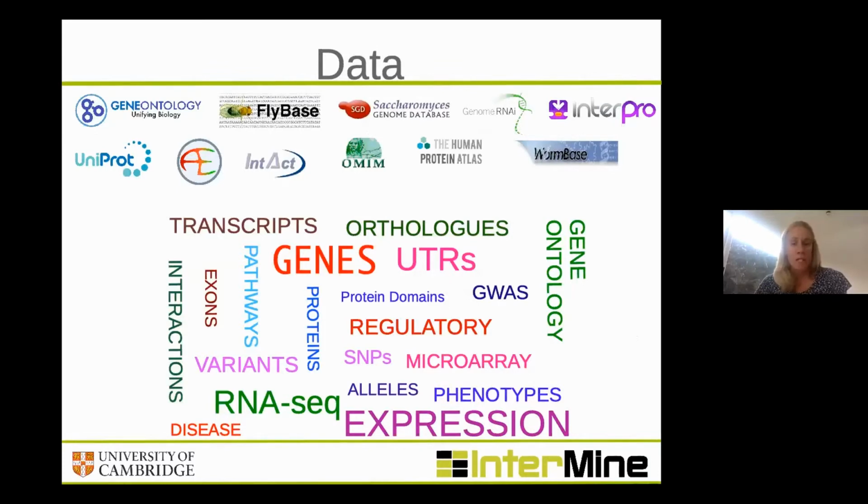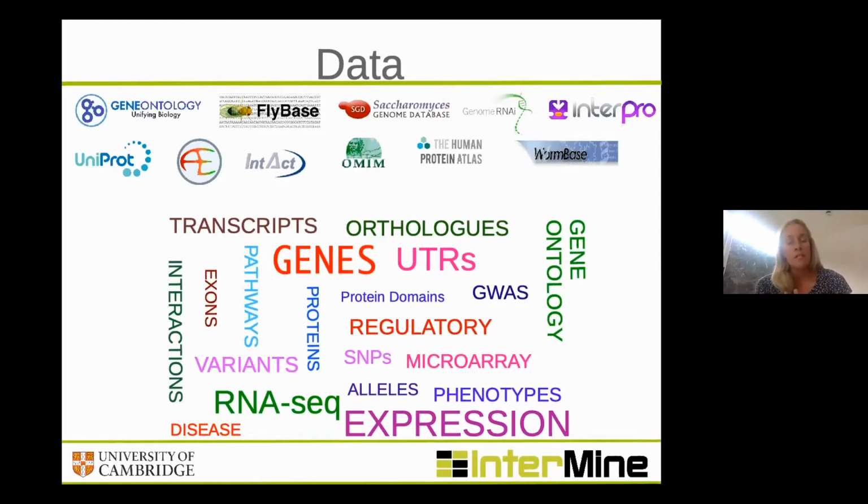So, of course, each of these InterMines have their own data focus, but mostly InterMines pull in data from other sources, often the big database providers such as UniProt and IntAct. So we tend to load the genome annotation and sequence data, the gene ontology data, the large protein interaction datasets, and then each one also loads their own types of data.